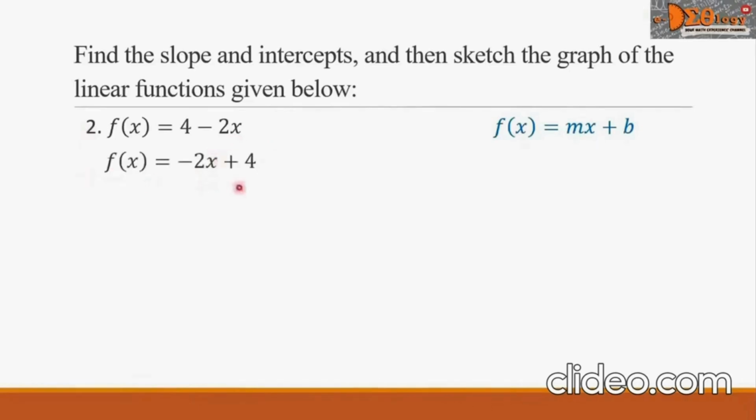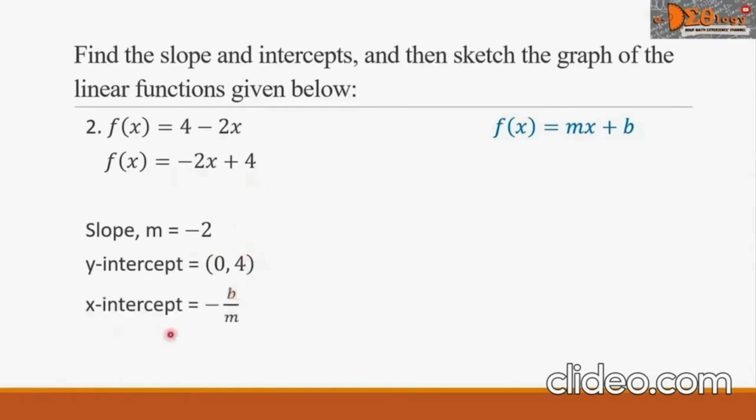From here, we first collect the slope, and that is the coefficient of x, which is negative 2. Next is the y-intercept with coordinates 0, 4. You can see I copied directly the constant in the function, and it is written here.